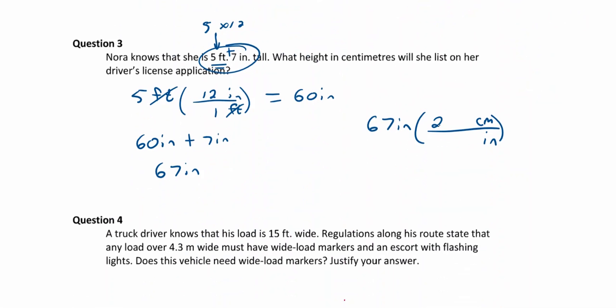So those cancel, right? So 67 times 2.54, we get 170.18 centimeters. So that would really be 170 centimeters on her driver's license.